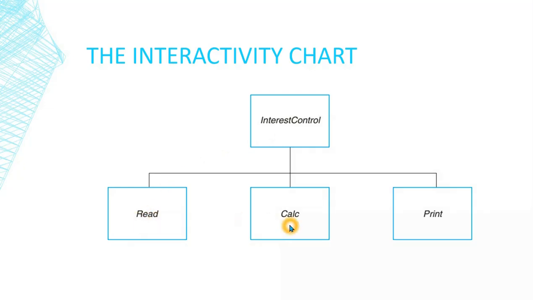We have to calculate the result using the calculation module, and we need to print a report of the results using the print module. So usually these three modules you will find in a lot of solution interactivity diagrams.